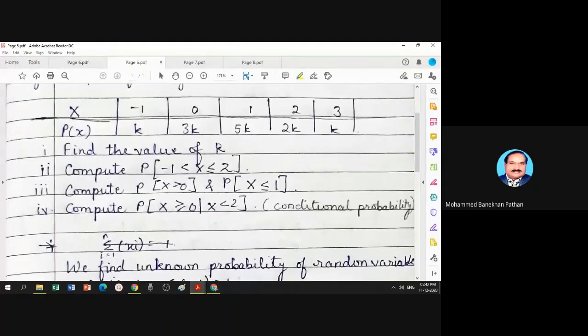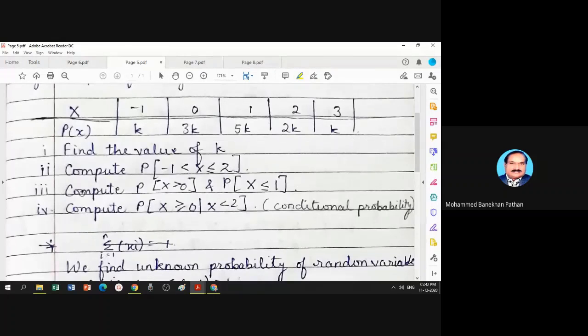After getting the value of k, we compute probabilities for different events. Number one is the chance that my variable takes a value greater than -1 and less than or equal to 2.